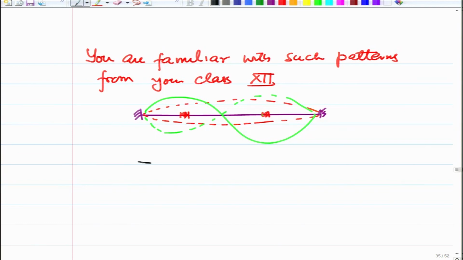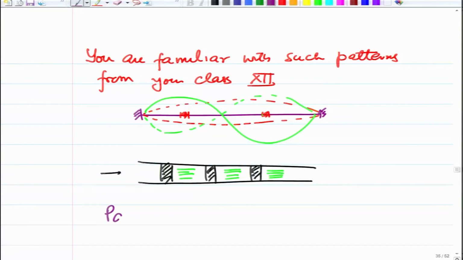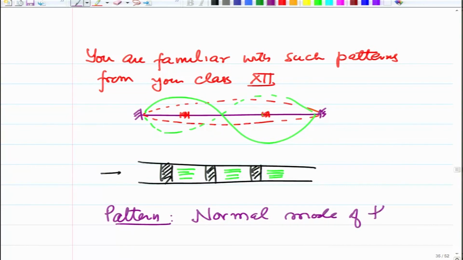Another example is when you take an organ pipe. In an organ pipe, when you blow or make sound, there are high pressure zones, low pressure zones, and so on. So, let me show by black the high pressure zones and by this green the low pressure zones, and they also occur in a wave like pattern. So, it is not individual particle like vibration, but the whole thing is vibrating, and it is vibrating in a pattern, and this pattern is called normal mode of the system.